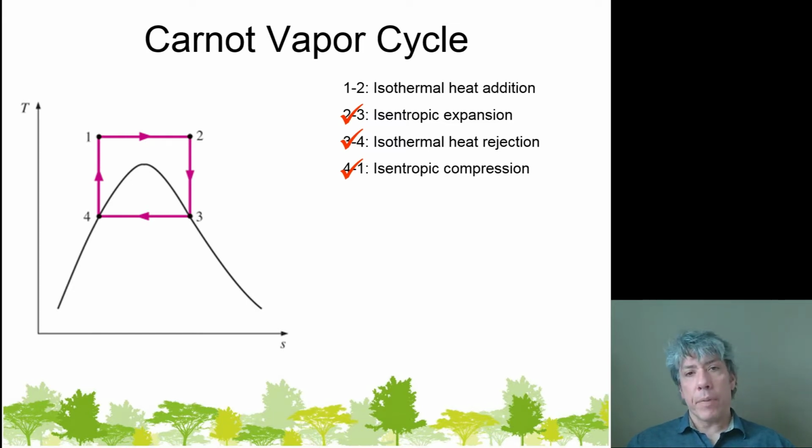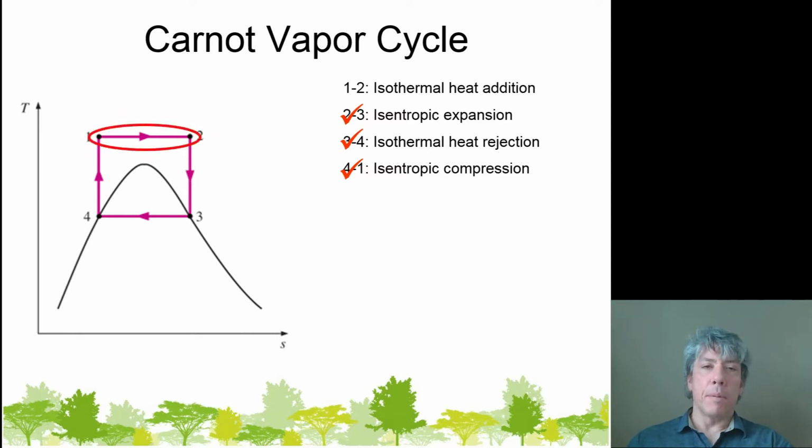The problem with the Carnot cycle as a model for the ideal vapor type of cycle is the 1 to 2 isothermal heat addition, because if we've got something that's above the critical point and we're adding thermal energy to it, getting the temperature to remain constant would be quite a trick. We'd have to change the pressure, control the pressure very precisely, and that would be very difficult to do.